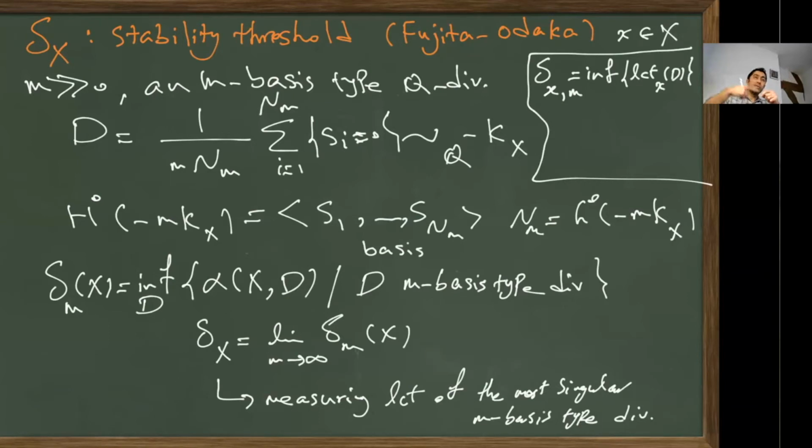And obviously delta X is the limit of delta X M as M goes to infinity. And you can see that this is just the infimum of delta X. So when it comes to computation, you can just do it at your points, take the infimum. Good.